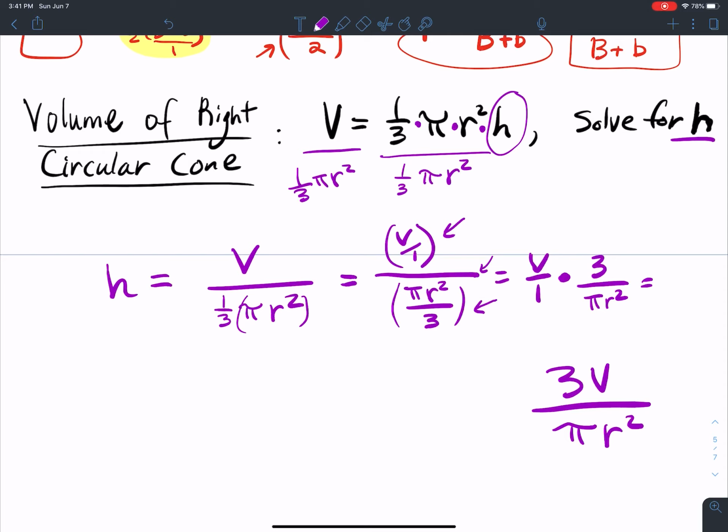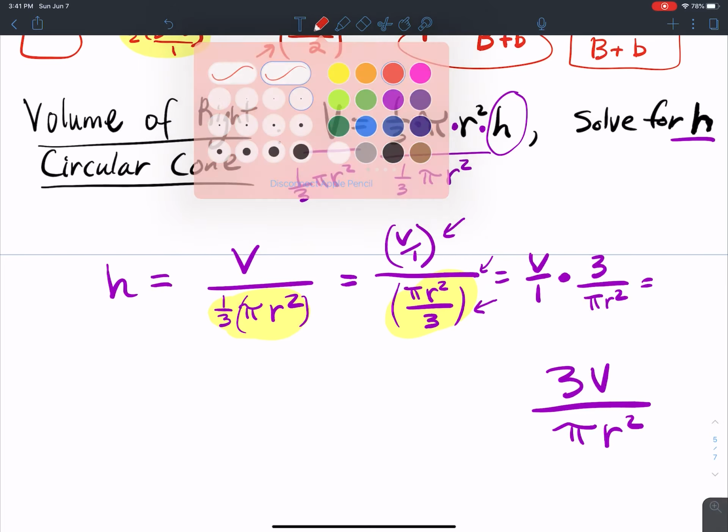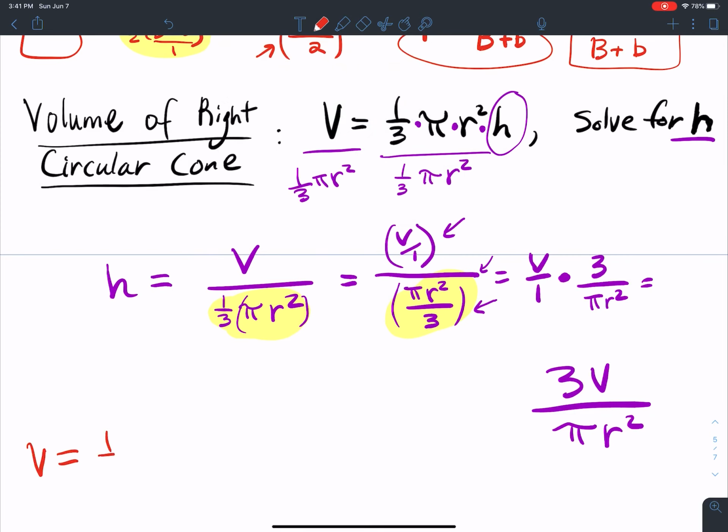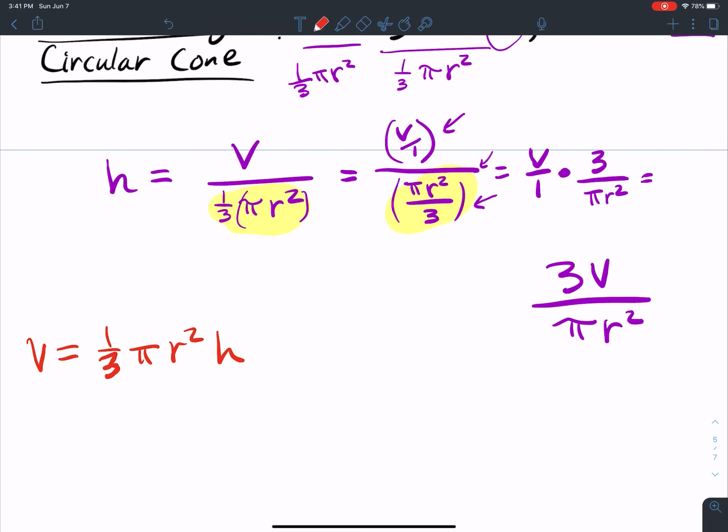Now, if you're not super comfortable with keep, change, flip, you need to get comfortable with that, but you've got a little bit of time before we get into solving rational equations. If you're not comfortable with it, here's another way you can solve this type of problem. If you have V equals 1/3 pi r squared h, how do I get rid of this 1/3? To get rid of 1/3, you can multiply by 3 on both sides.